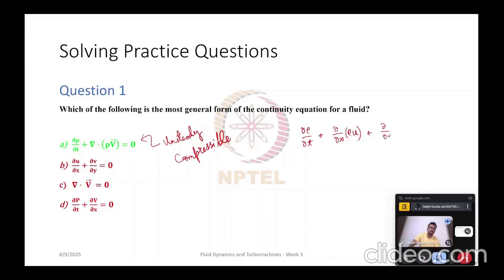So dou y of rho v plus dou z of rho w equals 0. This is the expanded scalar form of this equation, and it's the most general form of the continuity equation for a fluid.